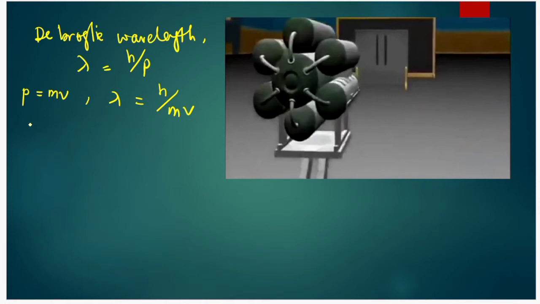The kinetic energy of the electron is K equals half mv squared. So v squared equals 2K divided by m, which means v equals the square root of 2K divided by m.